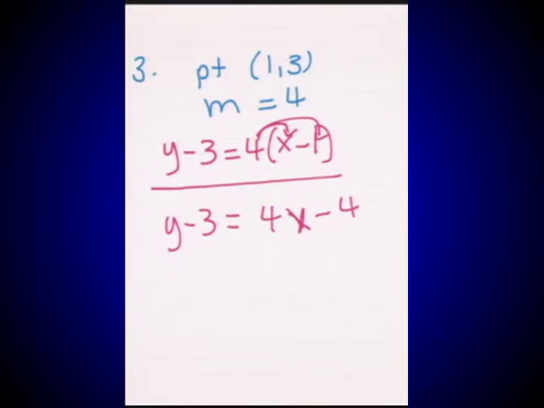So the opposite of subtracting 3 would be to add 3. So I'm going to add 3 to both sides, and now I'm left with y equals 4x minus 1. And that is the slope intercept form.